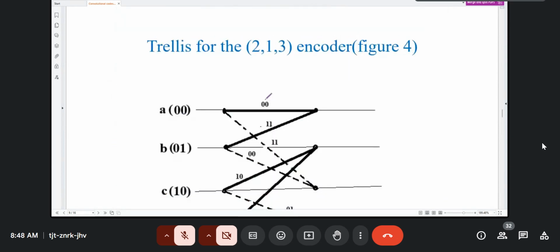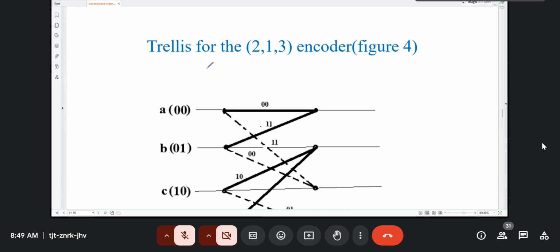So this is a trellis for that, because what it is doing, it is giving us all the states A, B, C, D, and then it is giving us for each input what is the output.